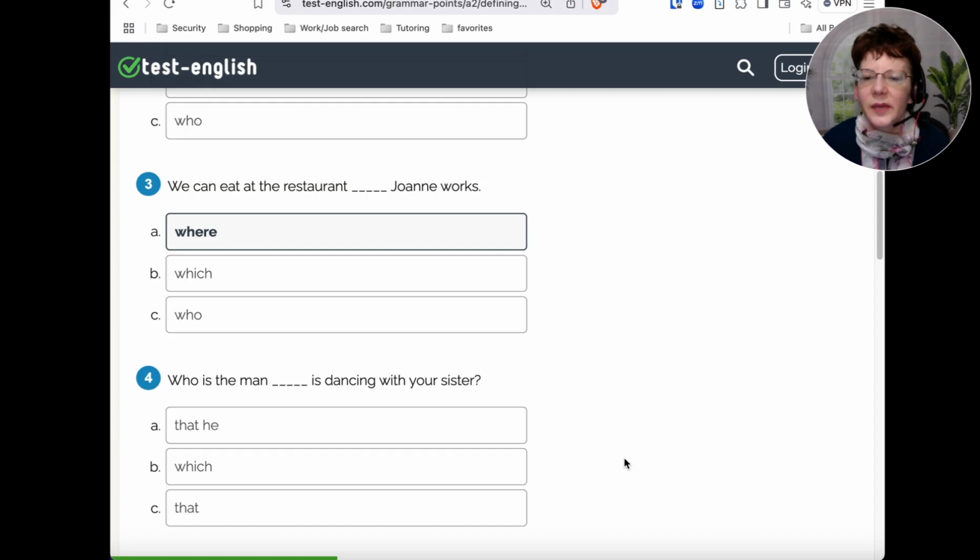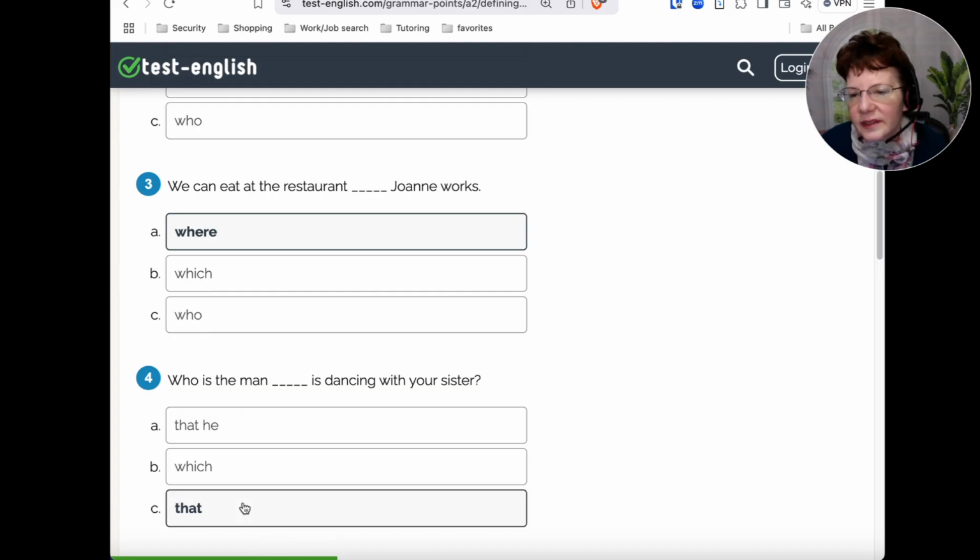Who is the man is dancing with your sister? That, he, which, or that? You can choose either which or that. So if you chose the third option, that, that would be also a good answer.